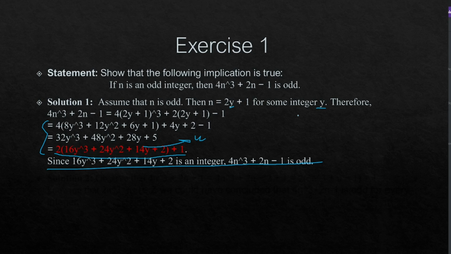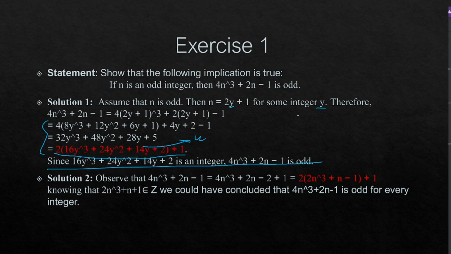The other way to go about this is that this is a polynomial. And since this is a polynomial, we can think in a kind of different way. We can observe that if we take 2 out of this, we expanded this by 2, it doesn't change anything. This is minus 2 plus 1 is minus 1 here.